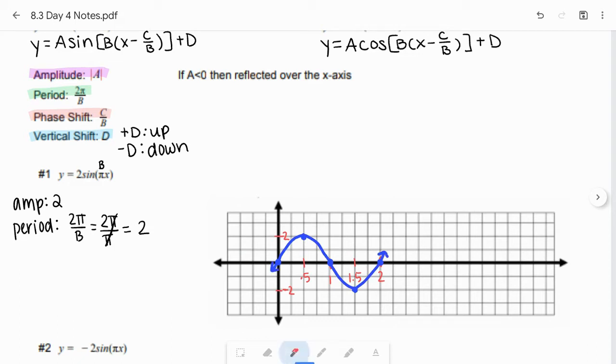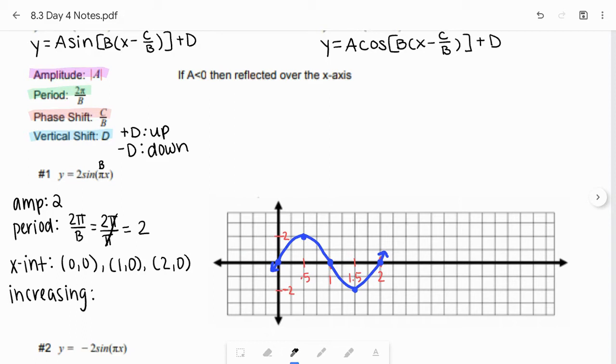If you're asked to identify a little more information on an assessment, you might be asked what the x-intercepts are. The x-intercepts would be (0, 0), (1, 0), and (2, 0). You might be asked where the sine graph is increasing, and could also be asked where it's decreasing.